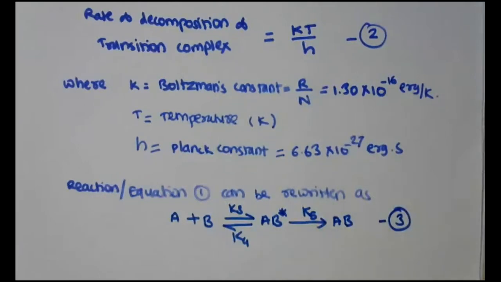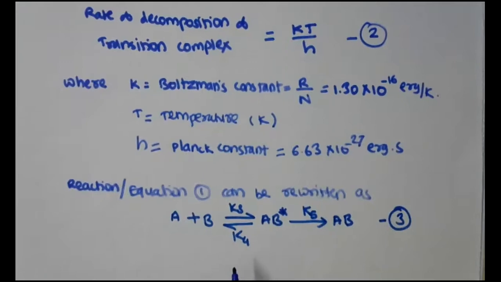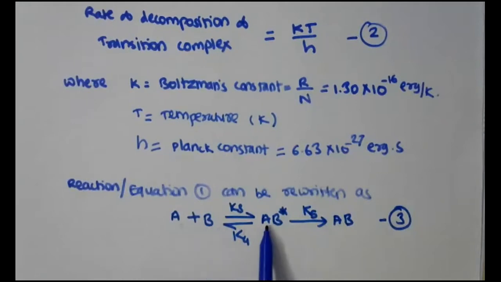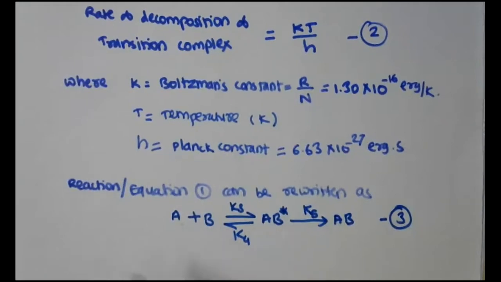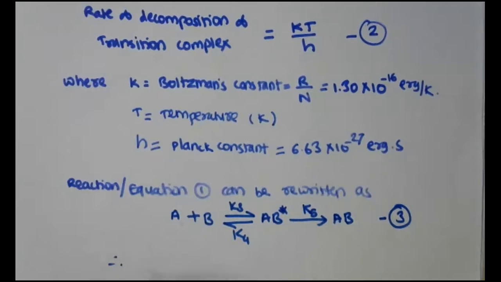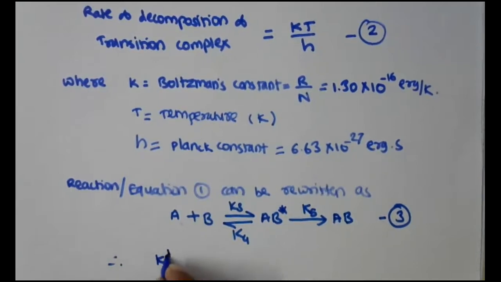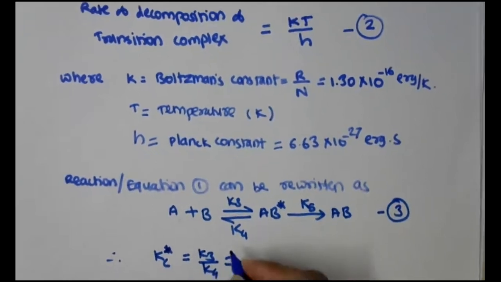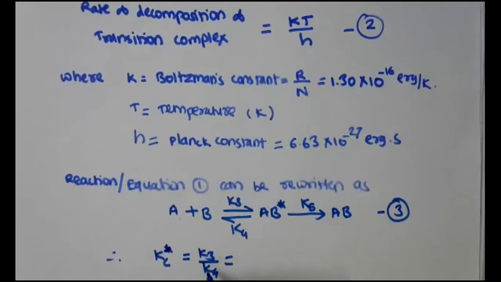Now, we are aware that there always exists equilibrium between the reactant concentration and the concentration of transition complex, and therefore Kc star, that is the equilibrium constant in terms of concentration, is equal to k3 upon k4, that is the ratio of rate constant of forward reaction to that of the reverse reaction.